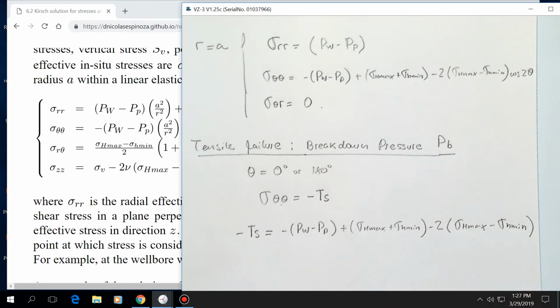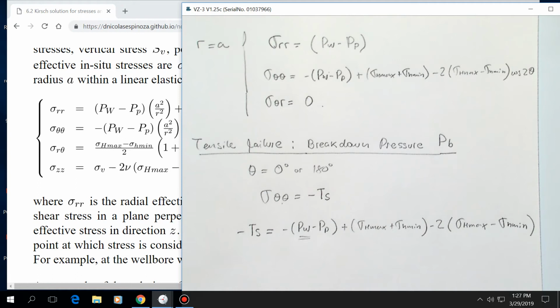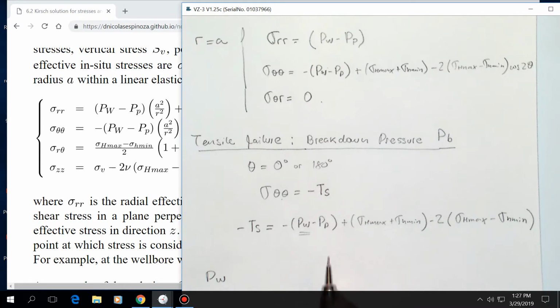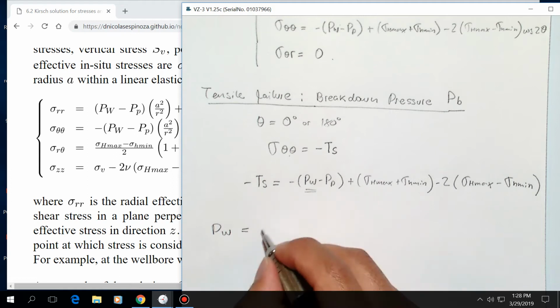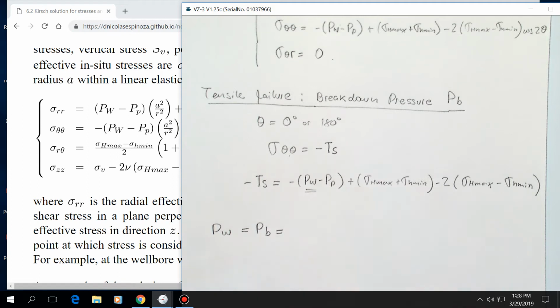And what I'm going to do now is use this equation to tell what is the pressure in the wellbore for which you are going to get to tensile failure. So all I'm going to do is put the wellbore pressure on the left hand side. Actually, we're going to call that wellbore pressure, as I told you before, the breakdown pressure. And notice that it's going to be just the summation of this plus the tensile strength.